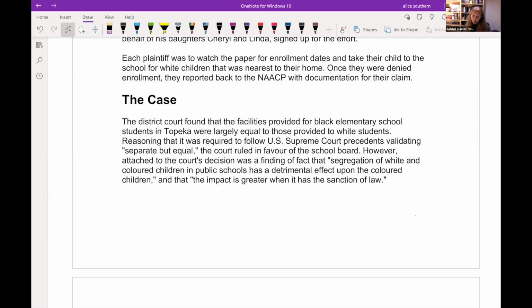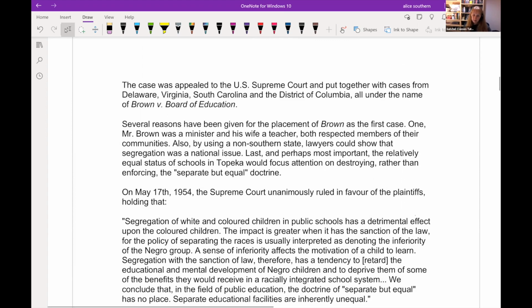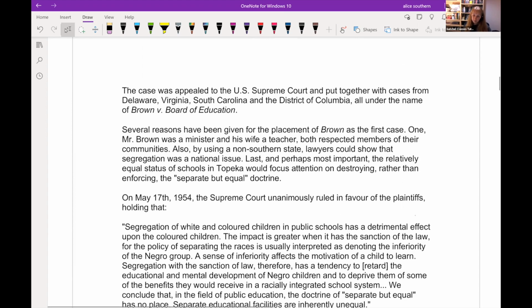However, they found that segregation of white and colored children in public schools had a detrimental effect upon the colored children, and that the impact is greater when it has the sanction of law. So it was appealed, it was sent higher to the US Supreme Court and put together with other cases from other examples where this was happening, all under the name of Brown versus Board of Education.